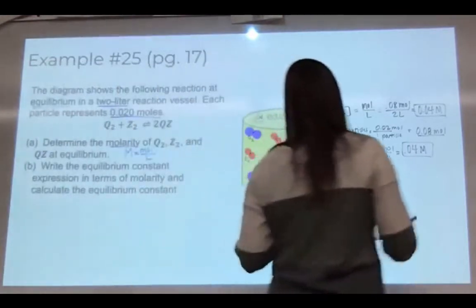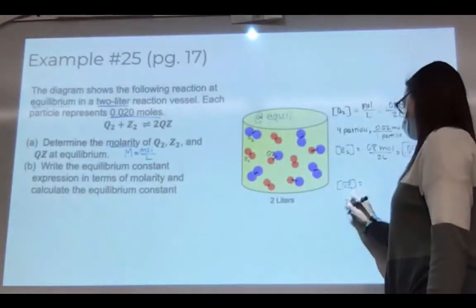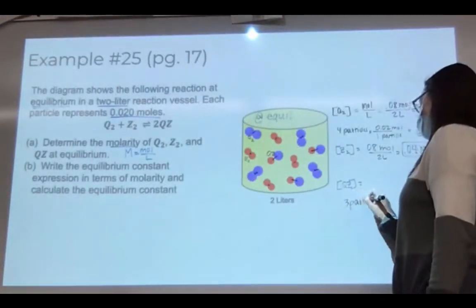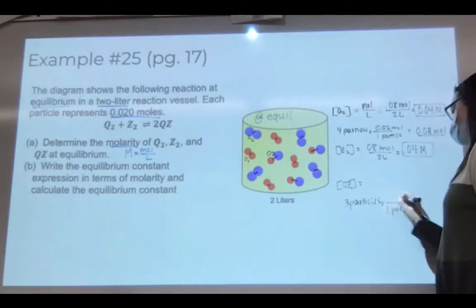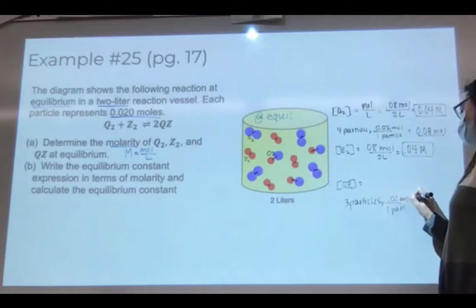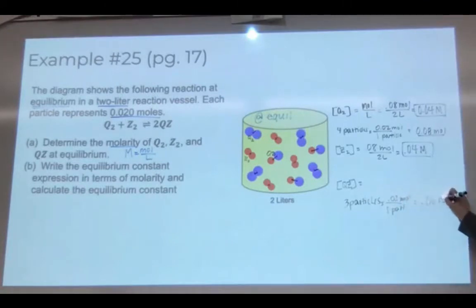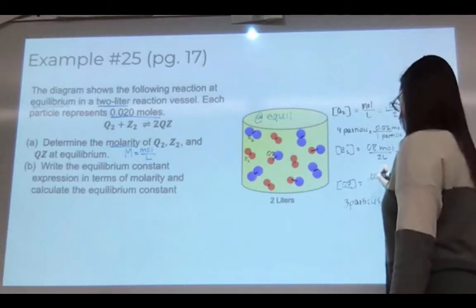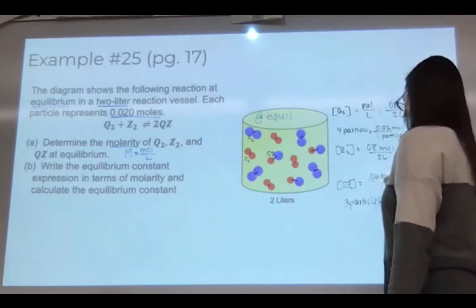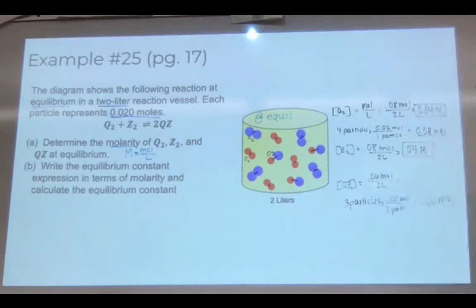So here I have 3 particles of QZ. Remember that each particle is 0.02 moles. So there's 0.06 moles of QZ in a 2-liter container. Moles over liters is molarity.